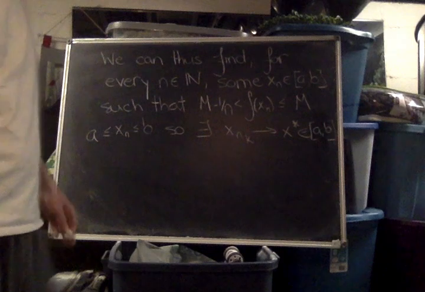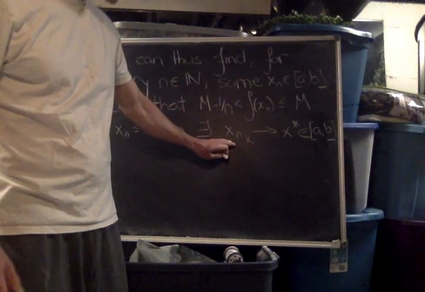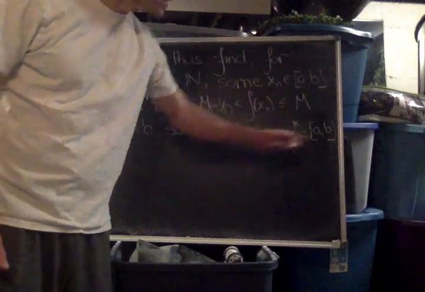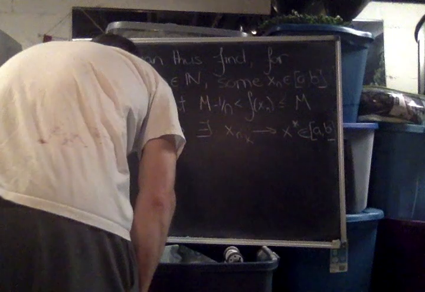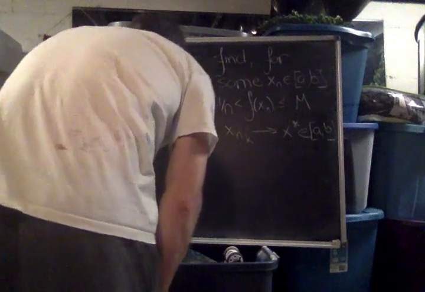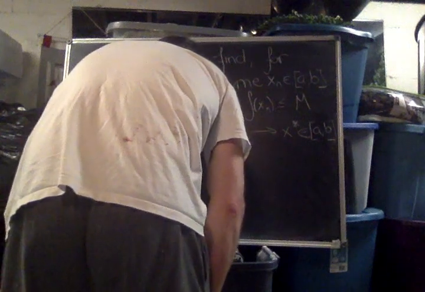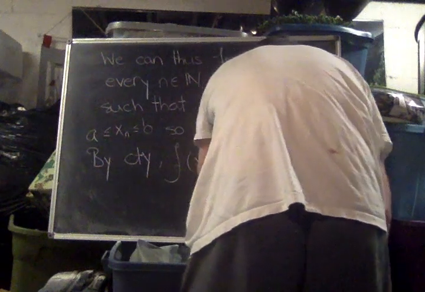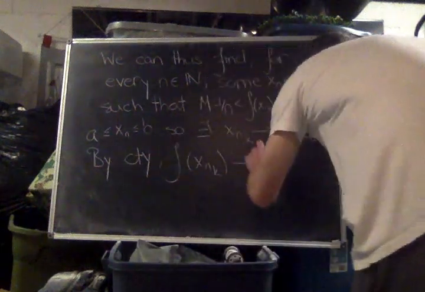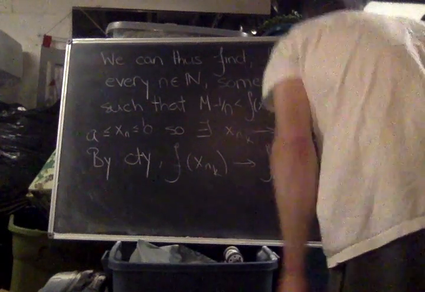Okay, so now we've got a convergent subsequence to some point in the interval. So by continuity, f of x sub n_k has to converge to f of x upper star.